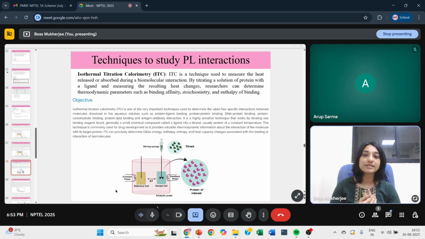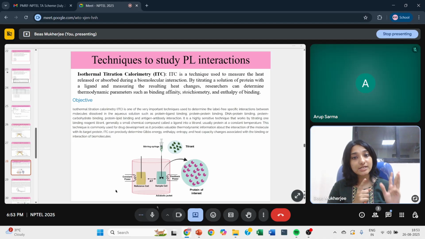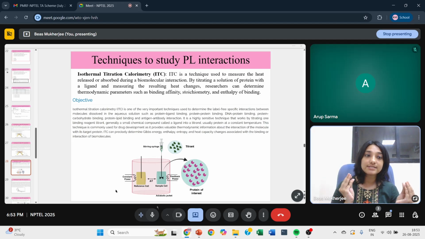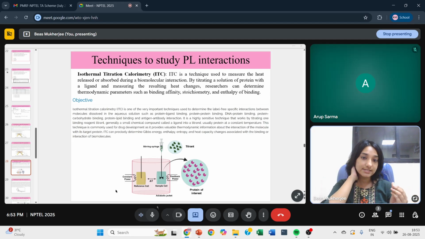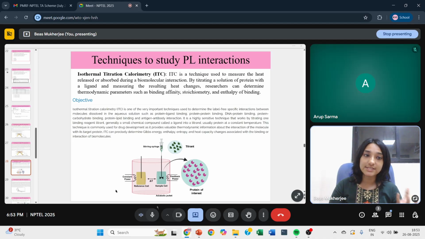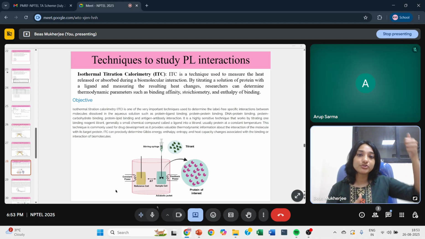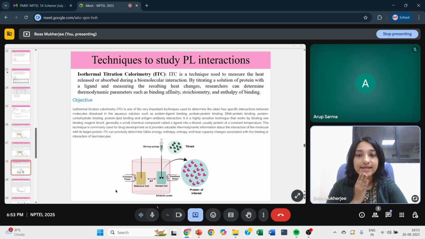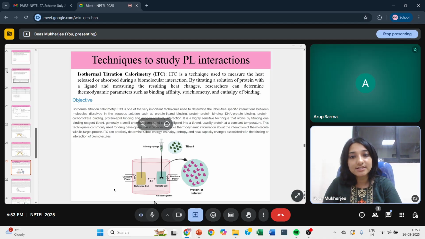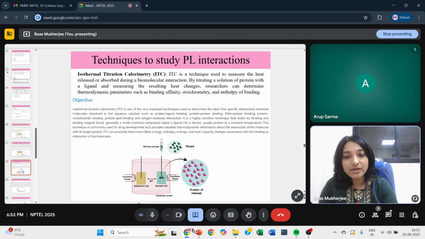ITC can precisely determine Gibbs free energy, enthalpy, entropy, and heat capacity changes associated with the binding or interaction of the molecule. So there is this sample cell and this reference cell, and the protein of interest is there, and into the protein of interest you are putting the titrant or the ligand, and then the changes in the heat are recorded.